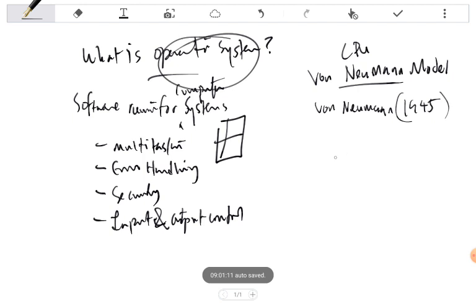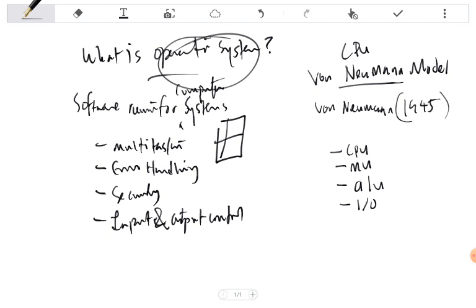Now, he came up with this: that you have the CPU, that's the central processing unit; the MU, that's the memory unit; the ALU, that's the arithmetic and logic unit; and input and output, which we often denote as I/O. Okay?